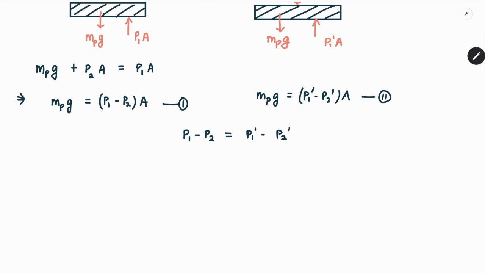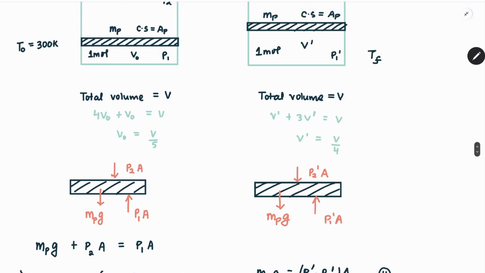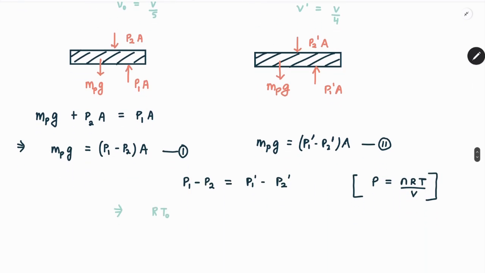Now to write the expression for pressure, we will use the equation P equals nRT by V. One thing is simplified in this problem: the moles on either side is 1 mole, so we will not write n. In the first part we write R T naught over volume V1, where V1 is equal to V naught, and V naught is equal to V by 5.